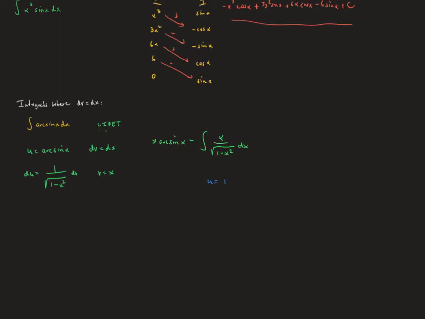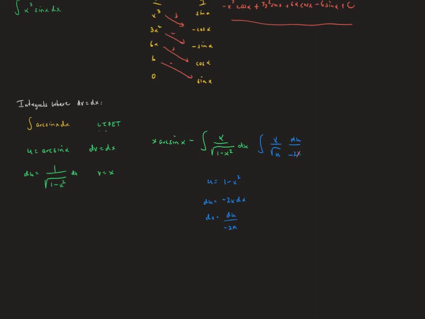So if you let u be that inside function, 1 minus x squared, du is going to be negative 2x dx. So the dx is going to be du over negative 2x. So our integral becomes x over the square root of u, and the dx gets replaced by du over negative 2x.